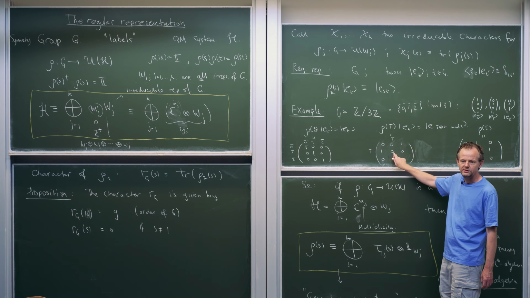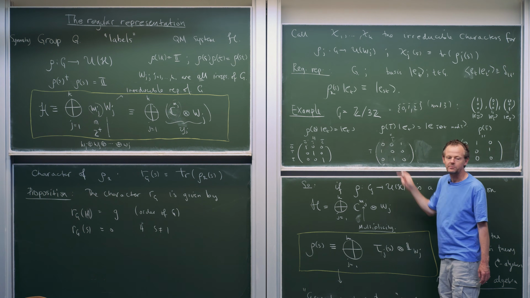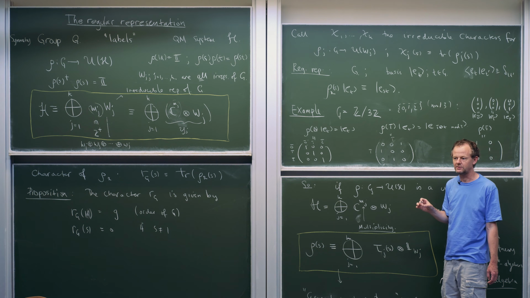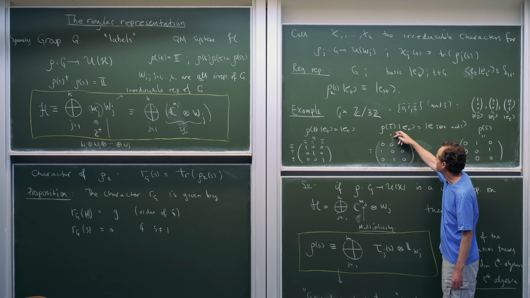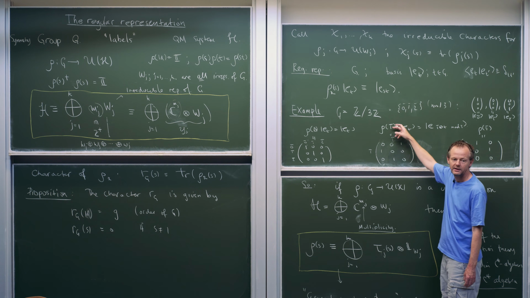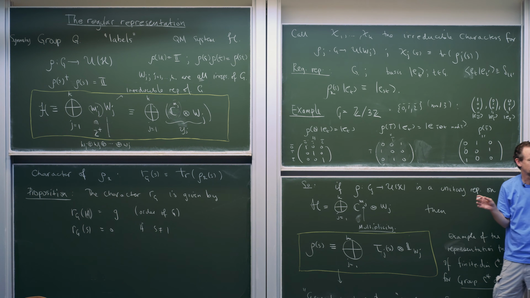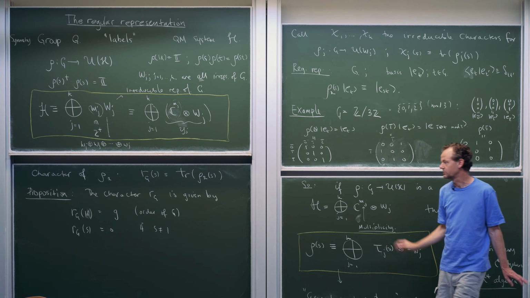For it to be non-zero, it would mean that if I use the group law to take that entry and multiply it by that element, I get that element back again. But there's only one element of a group that does that. It's called the identity. So whatever the group product is of this element times another is going to be something else. It's not going to be the same element again. So it's always 0. Okay, that was the proof.